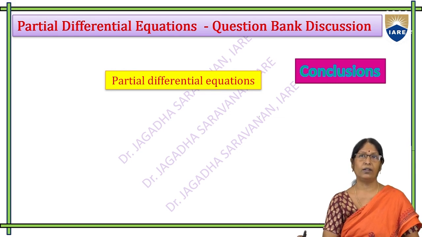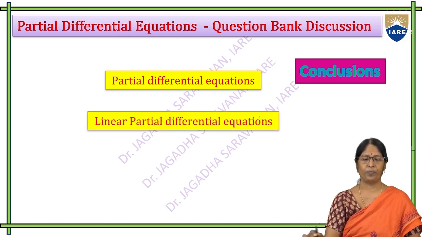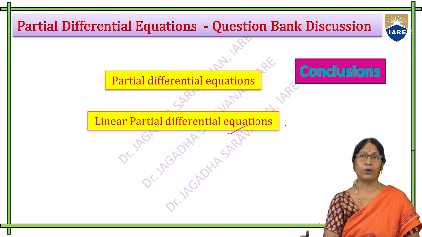And the linear one, especially Lagrange's linear equation that we discussed, should be in the format of P p plus Q q equal to R. There are two methods, method of grouping and multipliers.